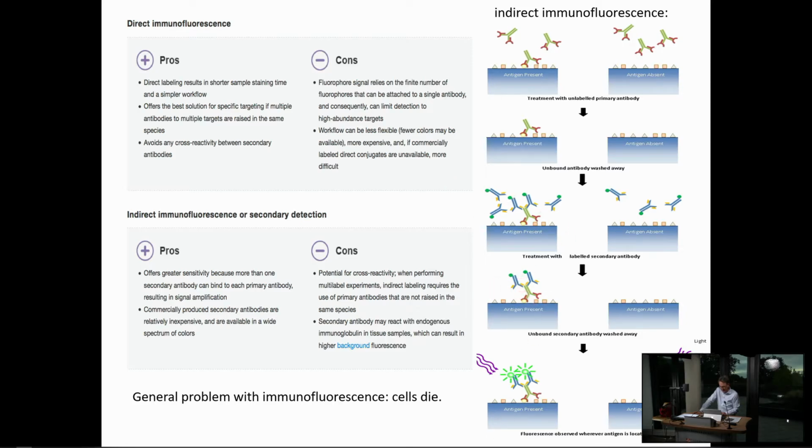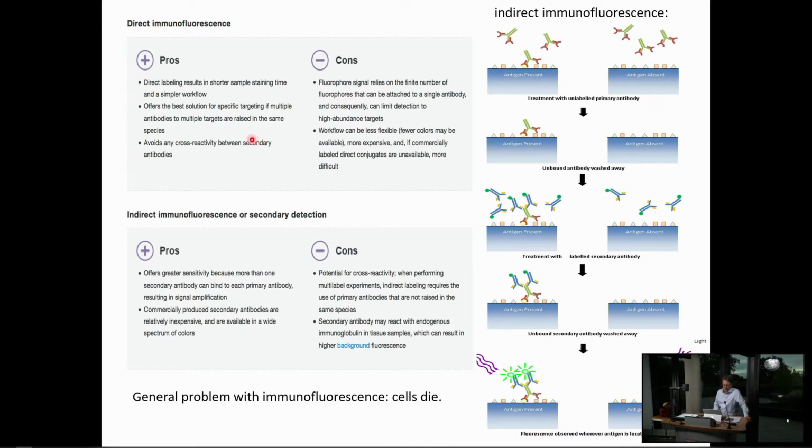They will bind to the primaries, and now you get the signal from the secondary. And you may say, why that complication? Well, this method here is called indirect immunofluorescence when you use secondaries.